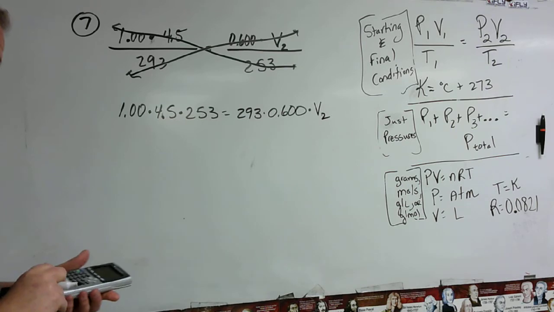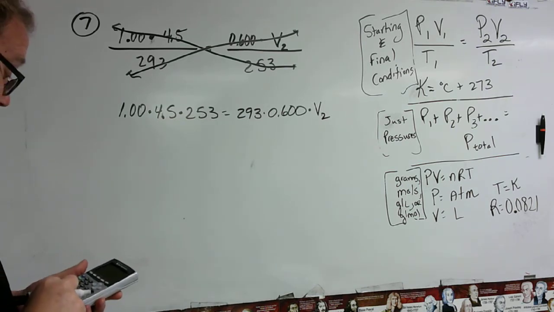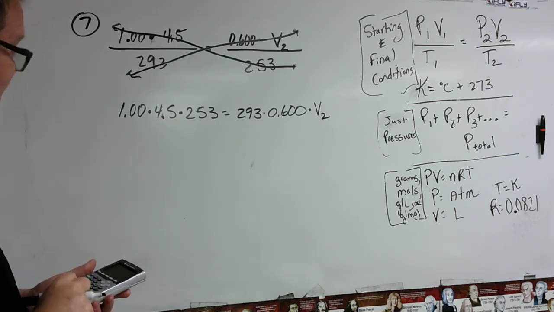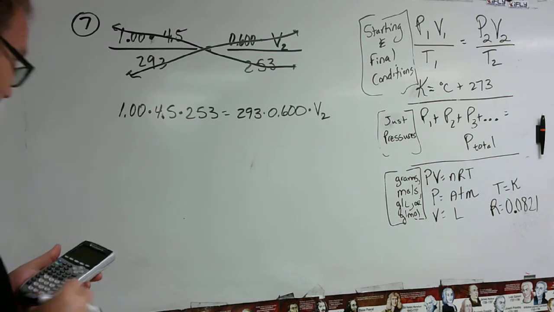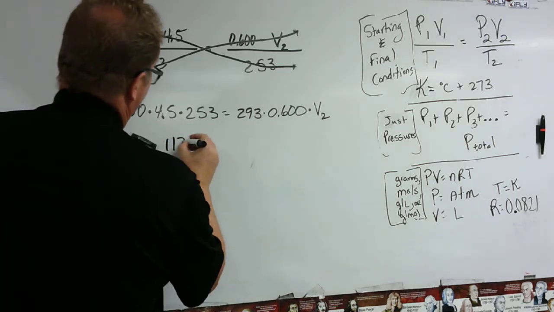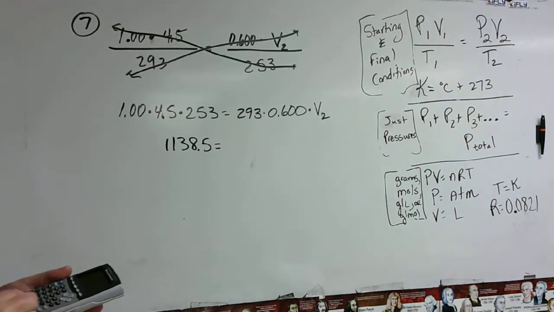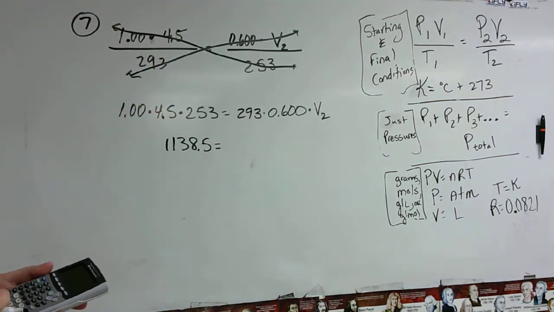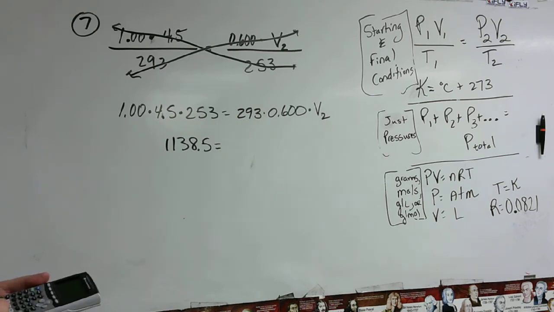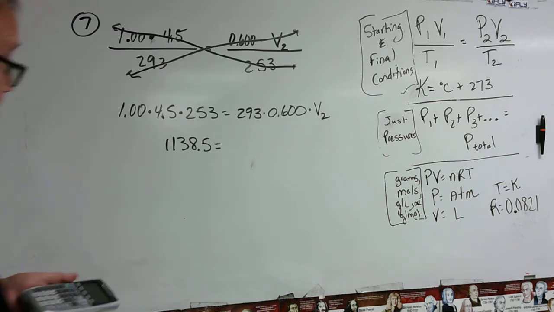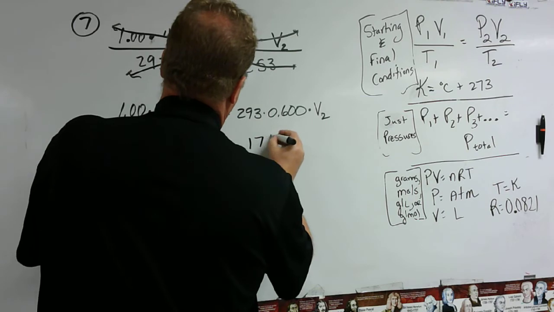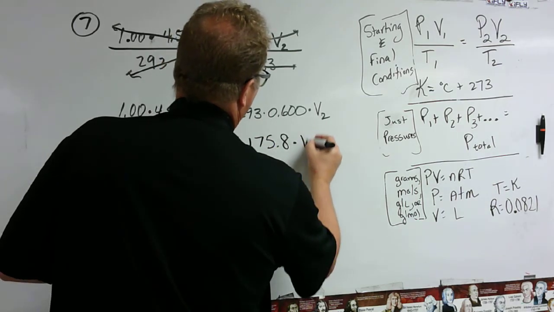Take care of the left side. 4.5, and I got 293 times 0.6. 175.8 times V2.